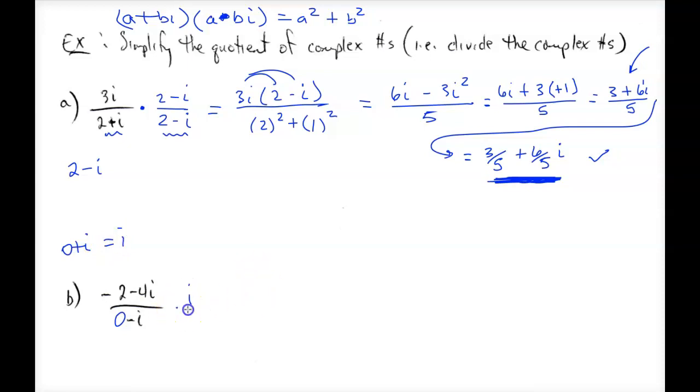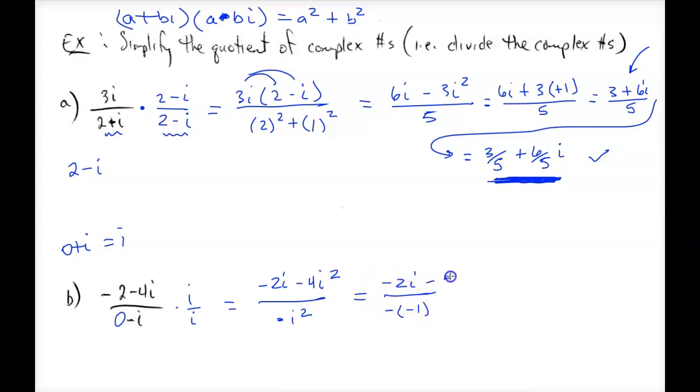So here we're going to multiply the numerator and denominator by i. The denominator is just going to be a negative i squared, and the numerator here is going to be a minus 2i minus 4i squared. And i squared is a negative 1 in the denominator here.